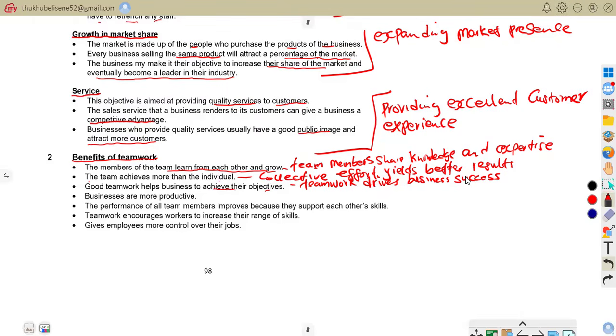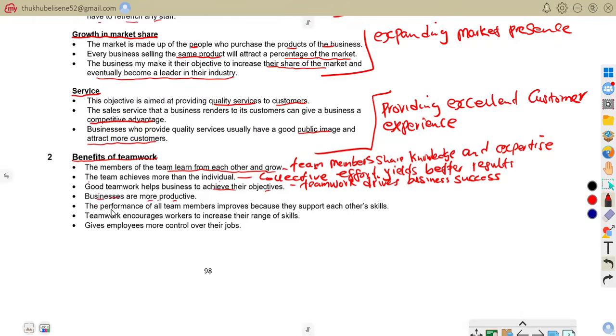The sales teams are going to meet the targets through coordinated efforts. Businesses are more productive. That is another benefit of teamwork. So we're talking about increased productivity. So teamwork enhances what? Efficiency, like I've said in the beginning.